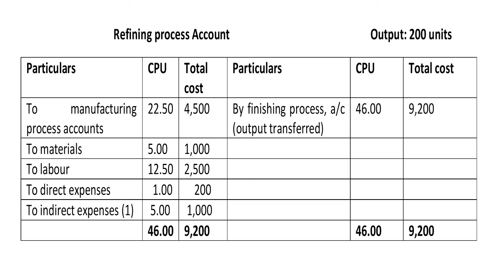Now refining process account, here also the output is the 200 units itself.